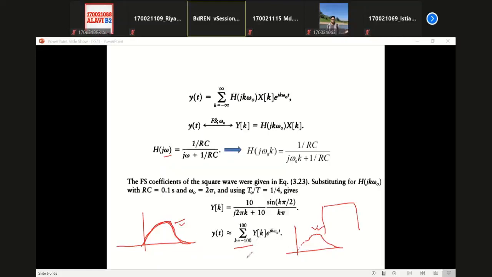So you can easily observe how the harmonic number affects your output by experimenting with MATLAB. You simply plot the magnitude of yk, and that will tell you how your signal is. Then you add this for k, starting from, say, k equal to -5 to 5. Then you gradually increase the value of k and look at how your output approaches the exact output.